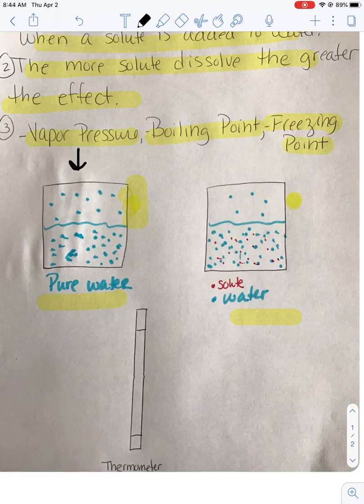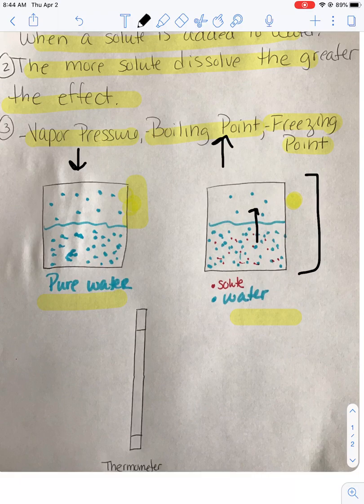Because the vapor pressure is lower, it's going to take more energy to get these water particles from the liquid phase into a gas phase. So the boiling point when you add solute is going to increase, because it takes more energy as the solute particles get in the way.